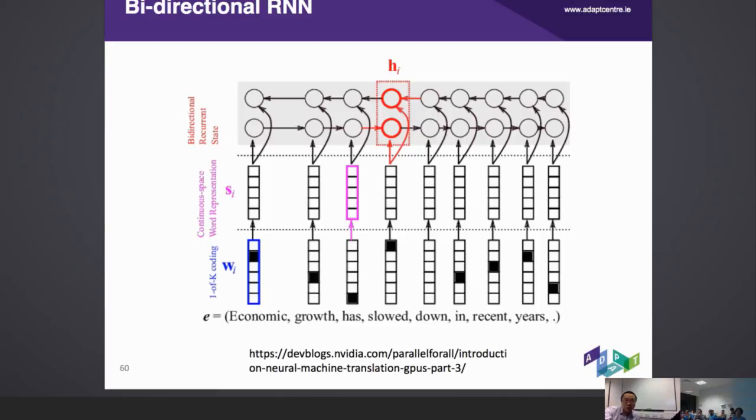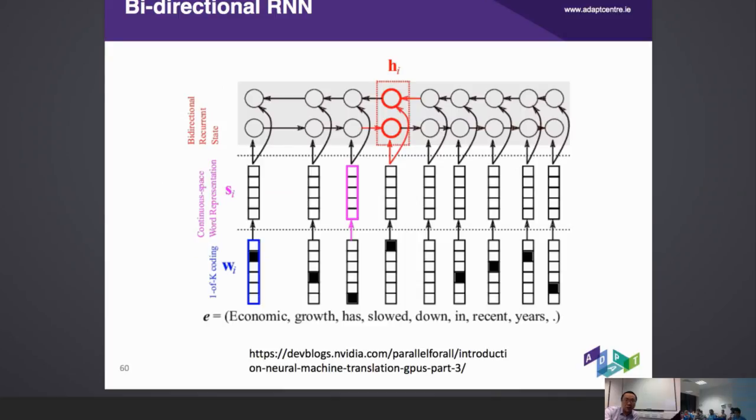This figure shows the idea of the bidirectional RNN. You can see this is a forward RNN, this is a backward RNN, and we keep the state at each step.